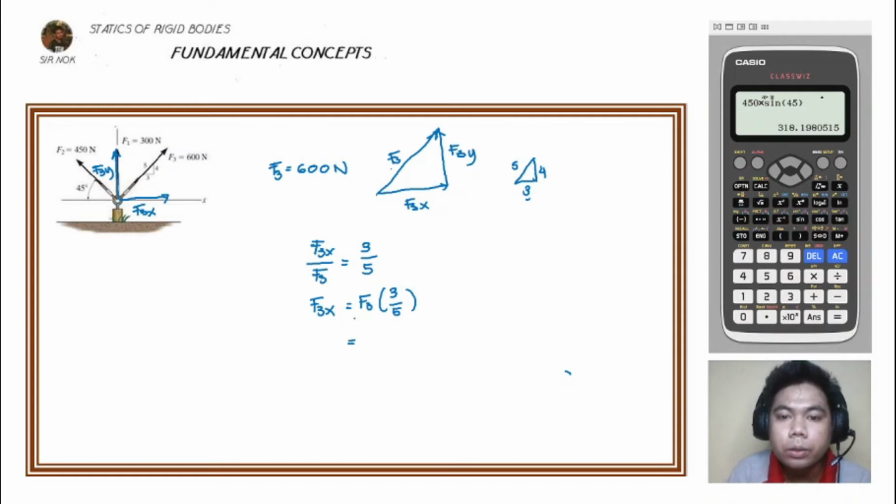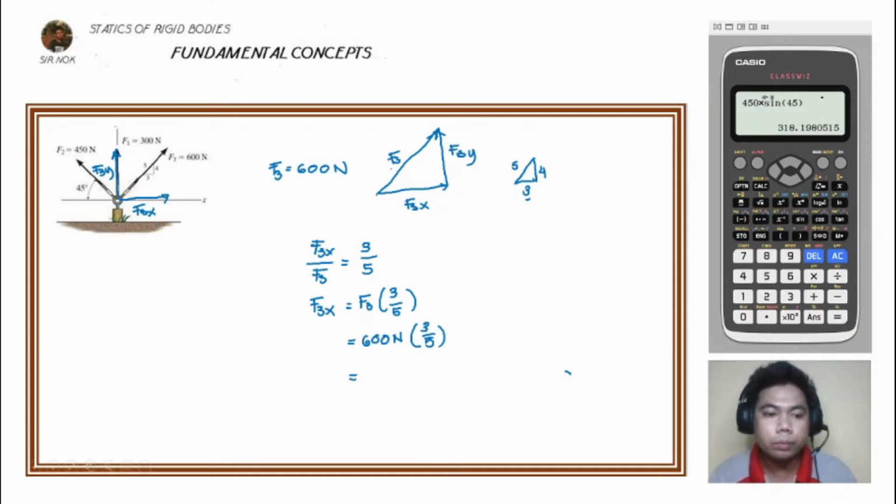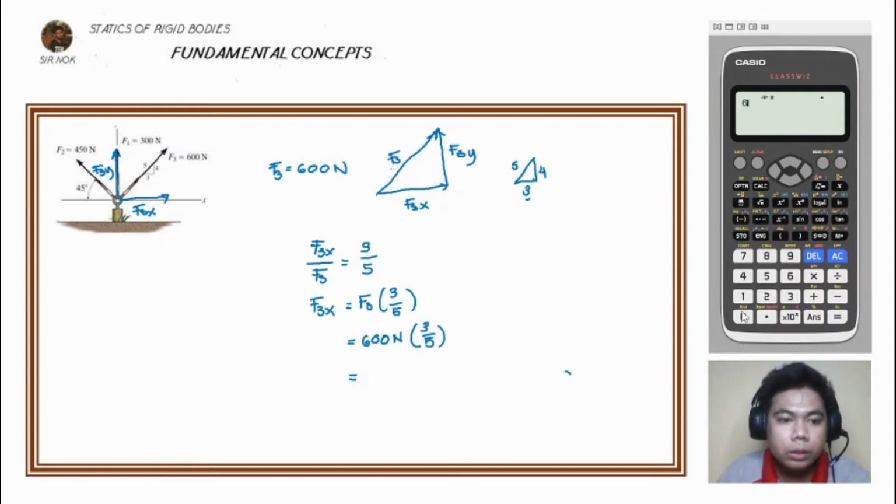Then substitute F3, so that is 600 newtons times 3 over 5, so 600 times 3 over 5, so that is 360 newtons, no?